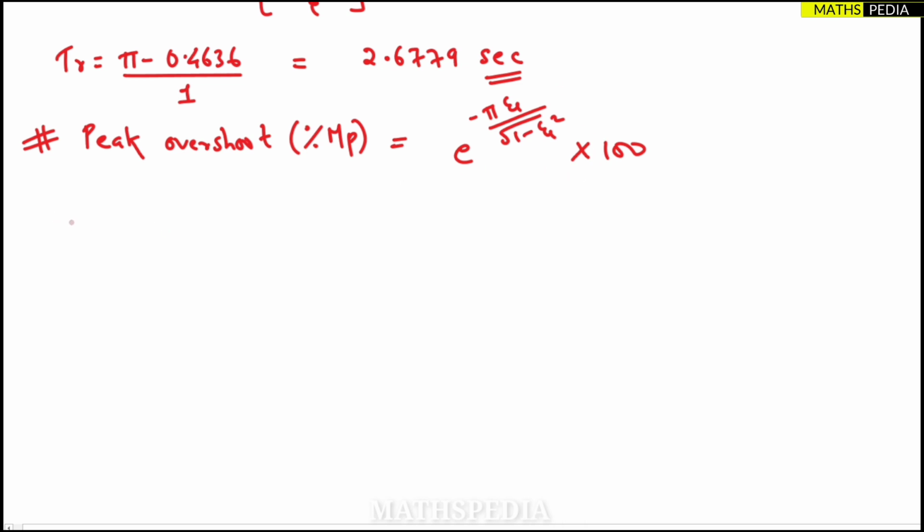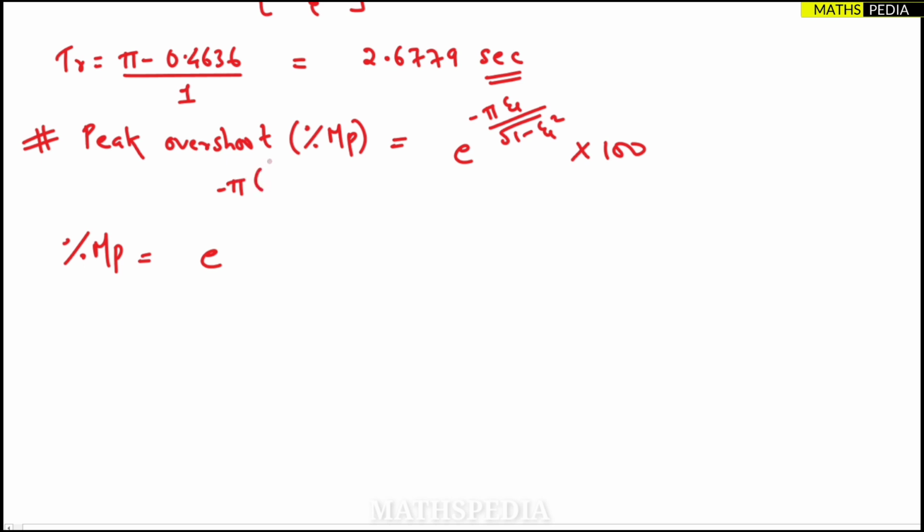Now here what will happen? Percentage MP is equal to e power minus pi into zeta.